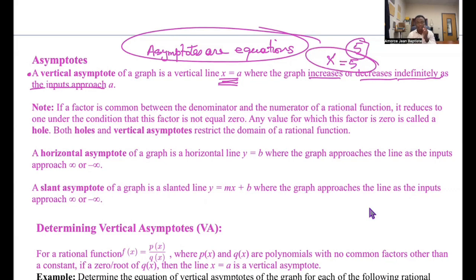So values that make the denominator equal 0 create x equals that value to be the equation of a vertical asymptote.